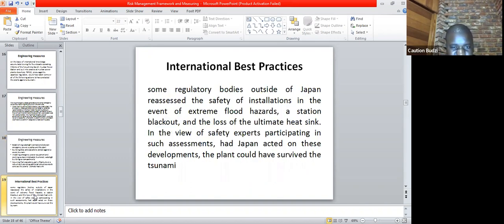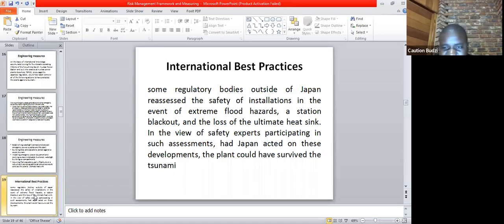There was also the possibility of implementing international best practices, which researchers generally agree were not taken into consideration at this power plant.